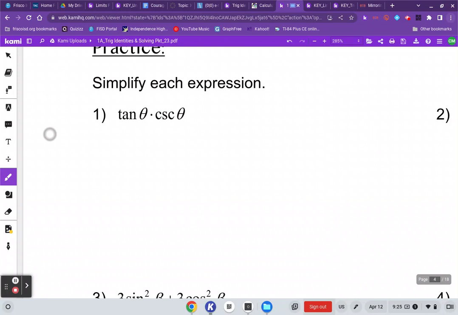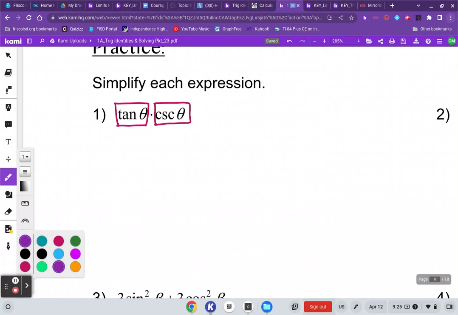So look at your identities chart and replace. Figure out what can you substitute instead of these things, instead of tan squared and instead of cosecant squared. Excuse me, they're not squared at all. Instead of tan or instead of cosecant.